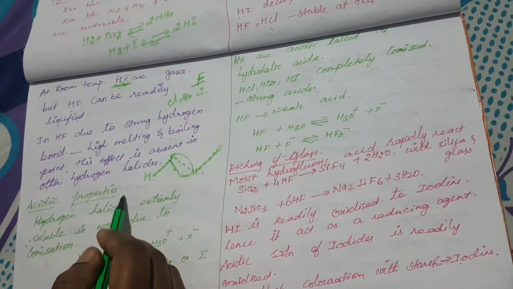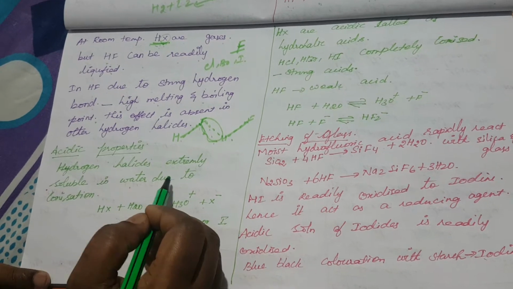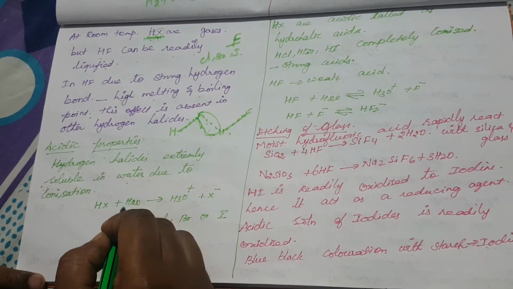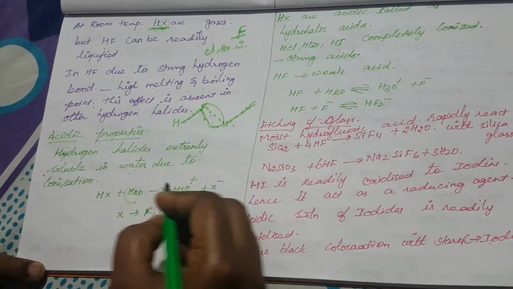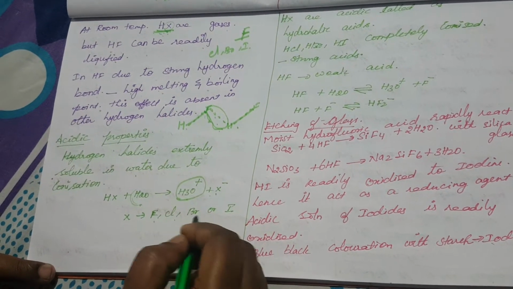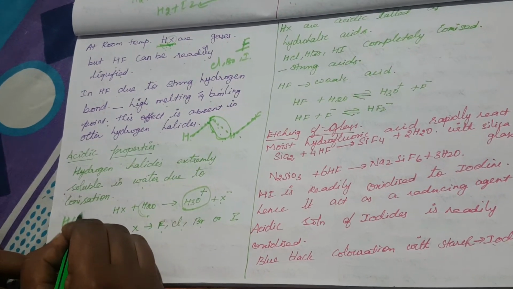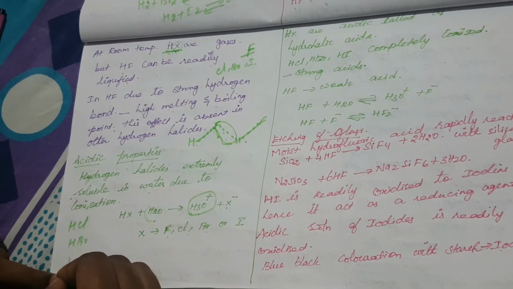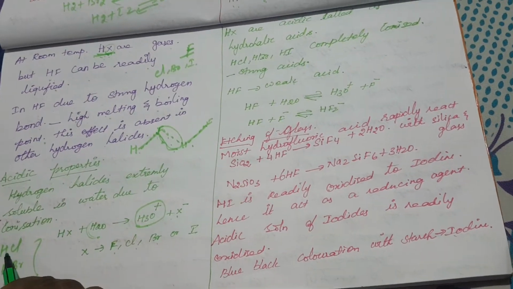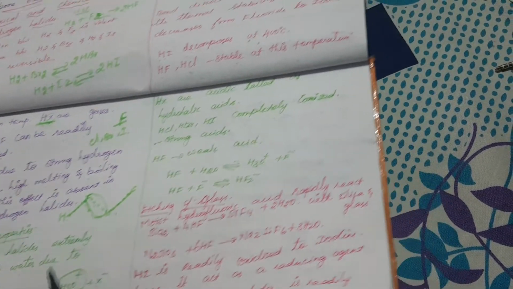Next, what are the acidic properties? Hydrogen halides are extremely soluble in water due to ionization. When all the hydrogen halides dissolve in water, what will we obtain? The hydronium ion and the halide ion. The hydrogen halides are HCl, HBr, HI and HF: hydrochloric acid, hydrobromic acid, hydroiodic acid and hydrofluoric acid.